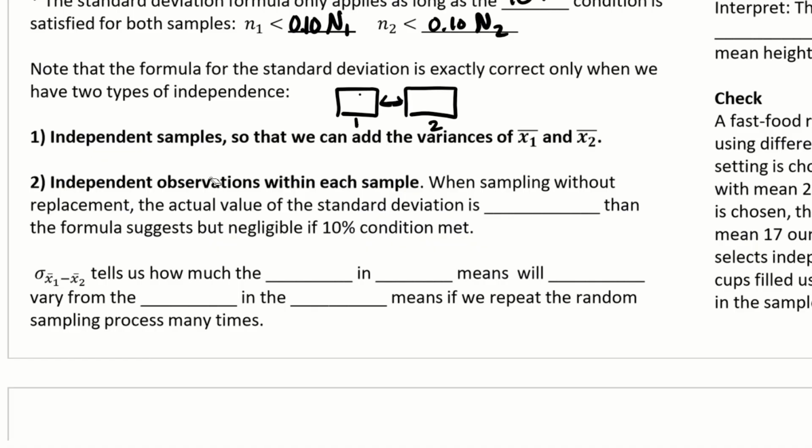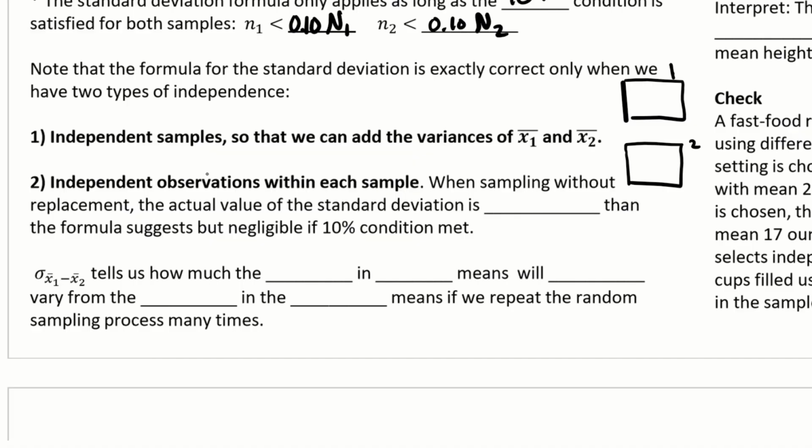So let me actually make this bigger because it's kind of small. So here, this is number 1. Then this is number 2. All right. So if we take a sample there and a sample here, those samples have to be independent from each other. Okay. So that's the first part, independent samples.